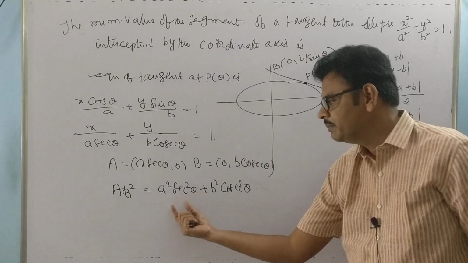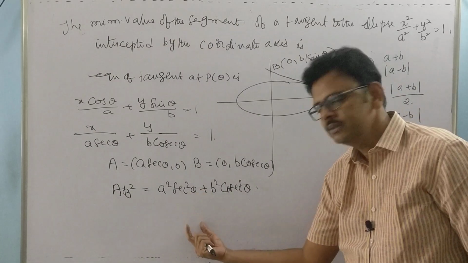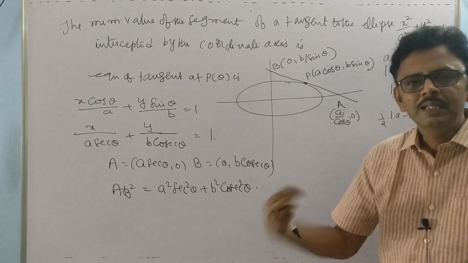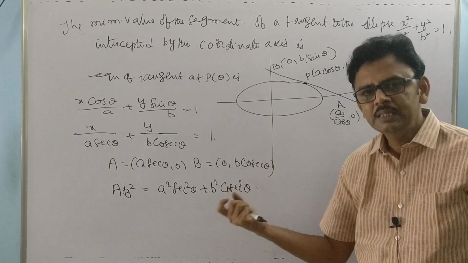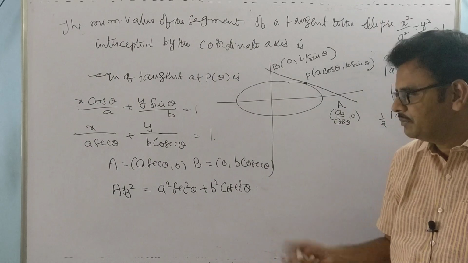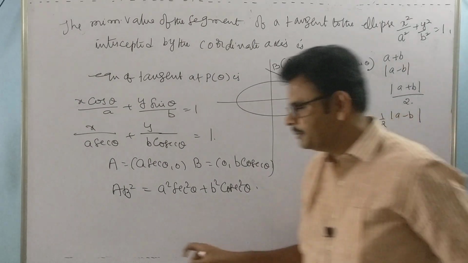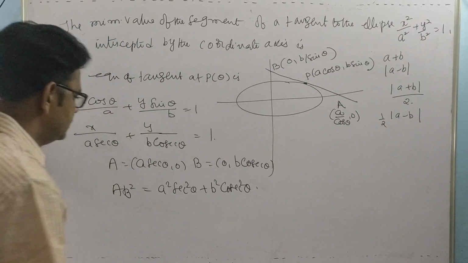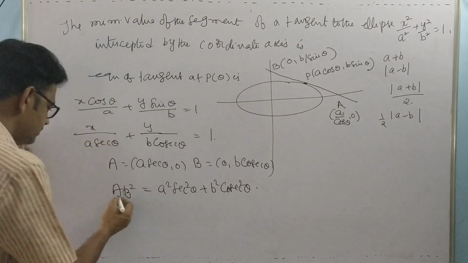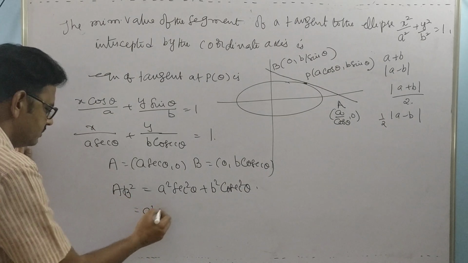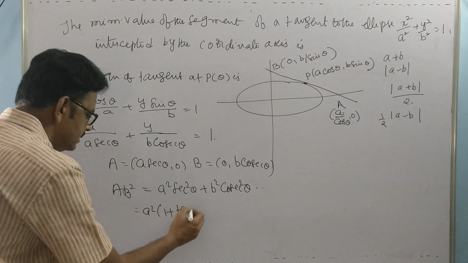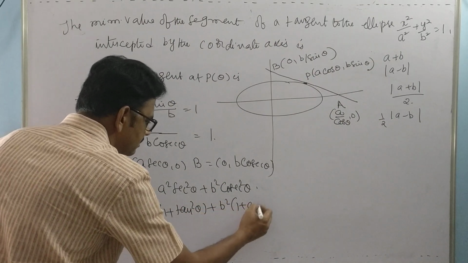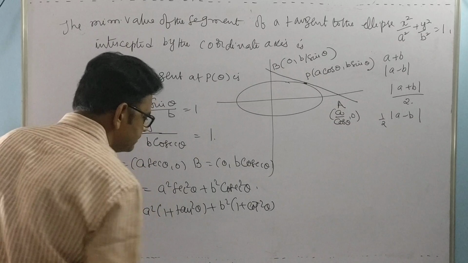Using this, let it be f of theta and differentiating, you get theta. So that is one process. Or by applying AM greater than or equal to GM concept, you get it very simply. Now I go for AM greater than or equal to GM. So AB square equals a square into 1 plus tan square theta plus b square into 1 plus cot square theta.